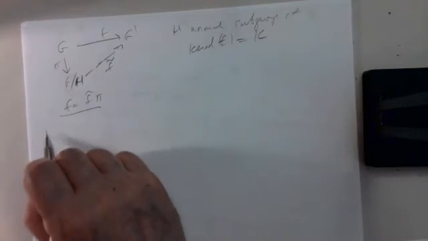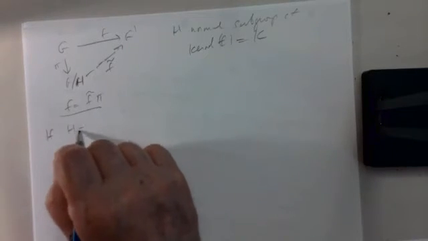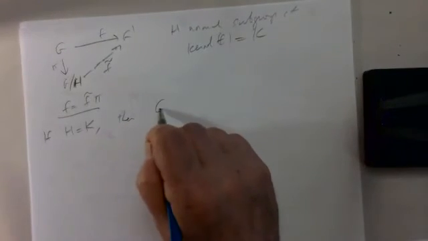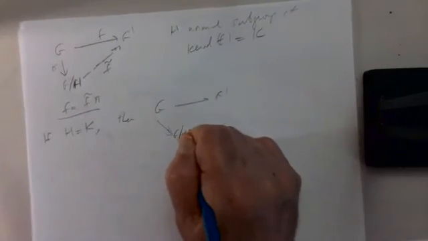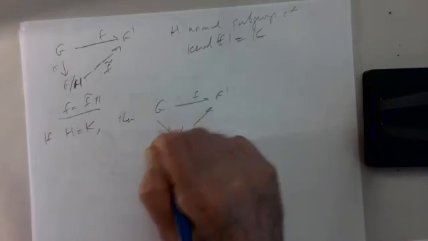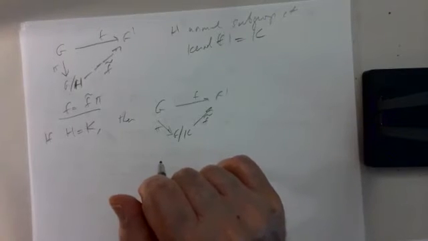Now, if we choose H to be equal to K, then we have G going to G prime. This goes into G mod K, and so we have F, pi, and F tilde.